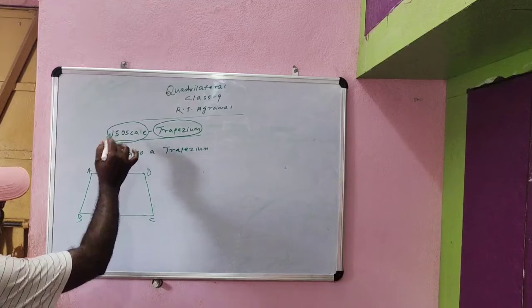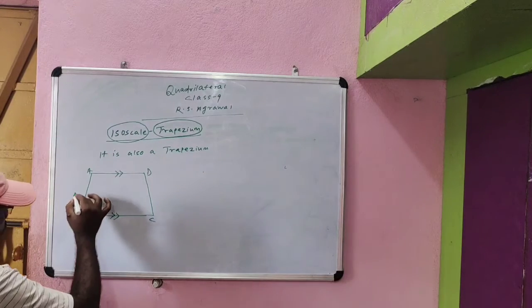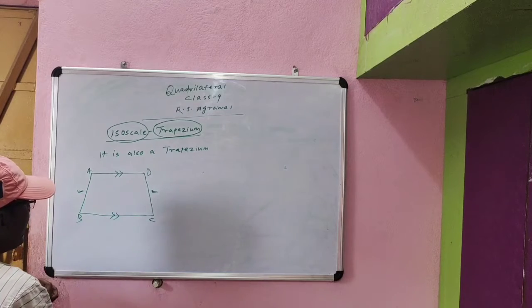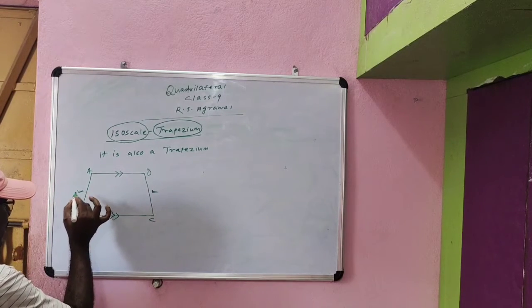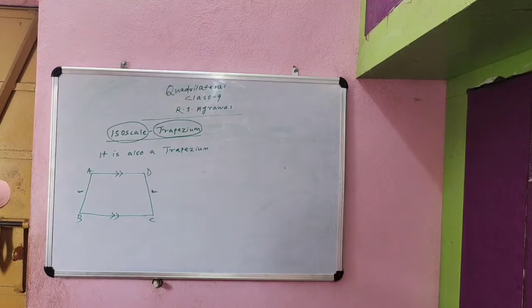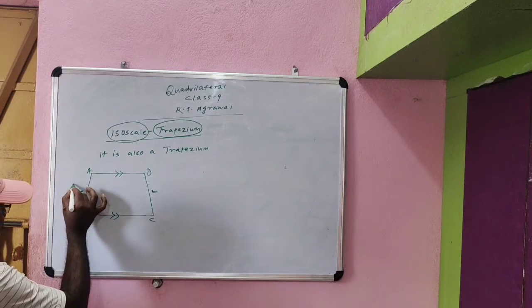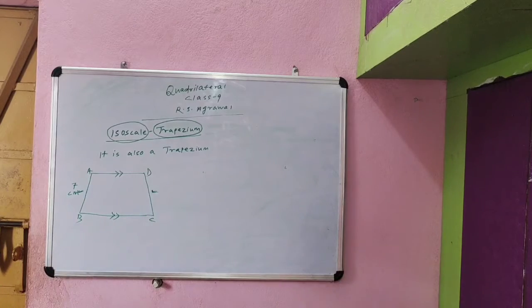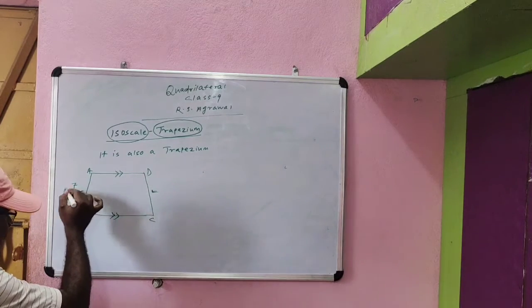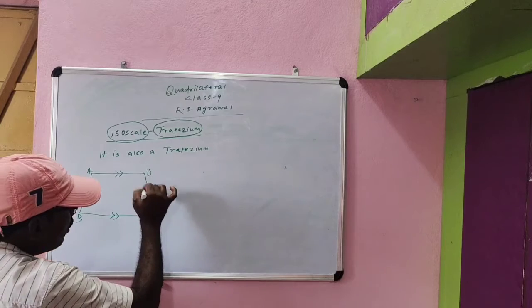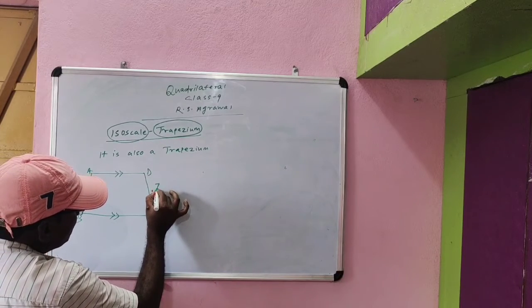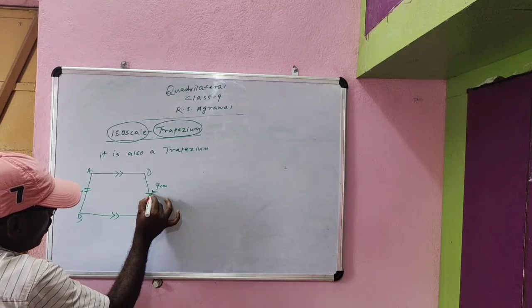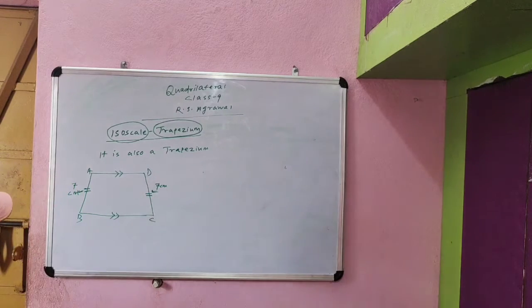Isosceles means these two non-parallel sides are of equal length. If side AB is 7 cm, then DC must be 7 cm.